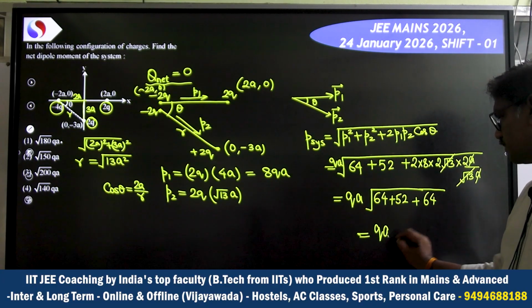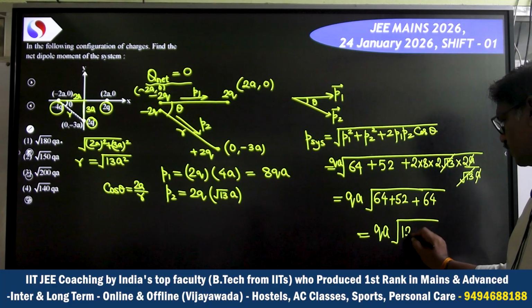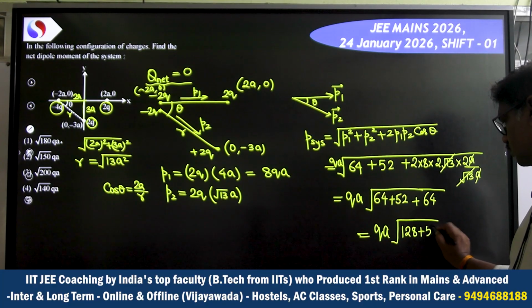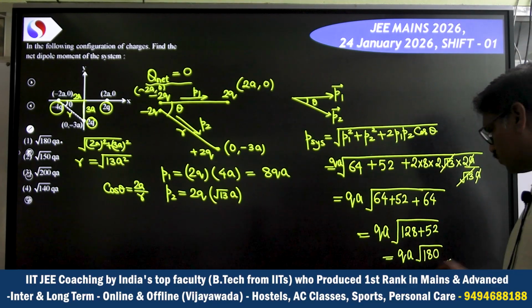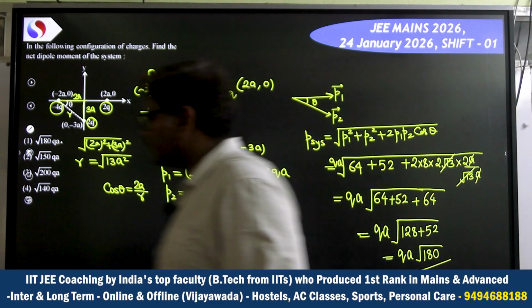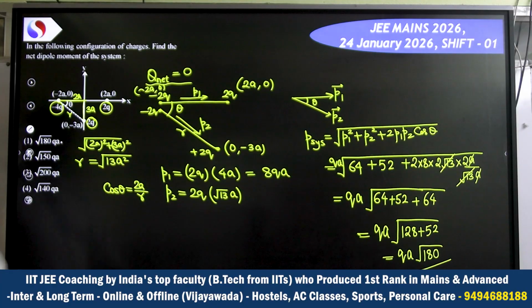That means this is under root of 128 plus 52, which is 180. So qa root 180 will be your answer. We are going with option A. So I did the full calculation. You can understand. Next.